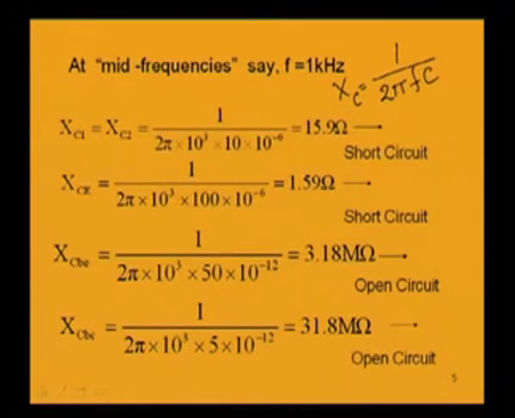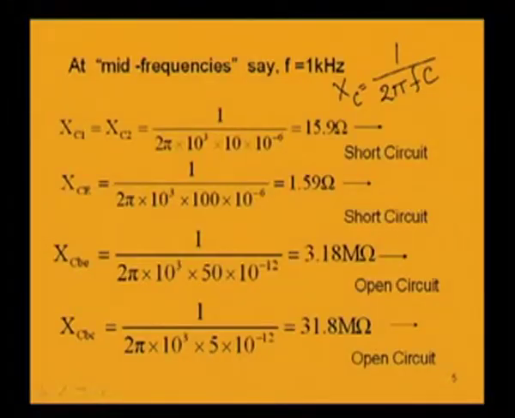So these values, being very small, we were very legitimate in assuming that the capacitances were short circuiting when we were considering the amplifier earlier. We were earlier considering that capacitances C1, C2 and CE are quite large.